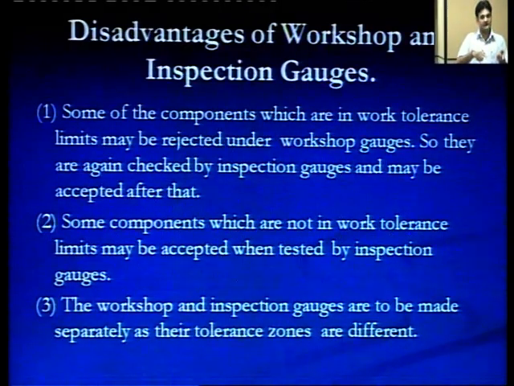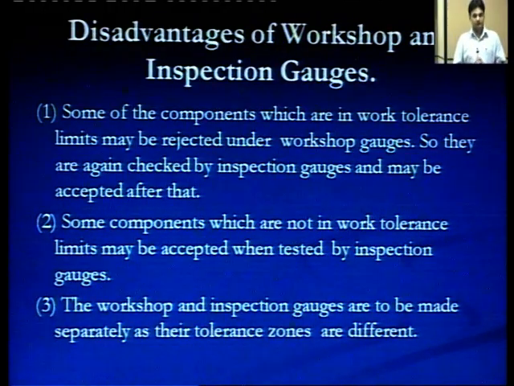Now, some components which are not within work tolerance may be accepted by the workshop gauges. So, this is a contradictory statement. The reason for this is that the workshop and inspection gauges are made separately as their tolerance zones are different.